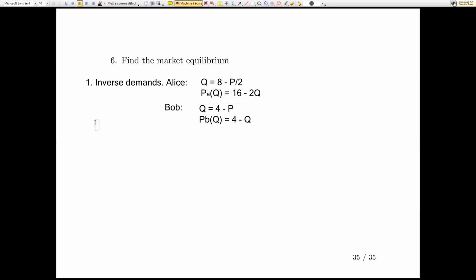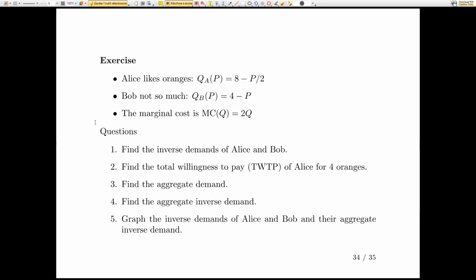Then number 2, did somebody find this? The willingness to pay for Alice for 4 oranges.